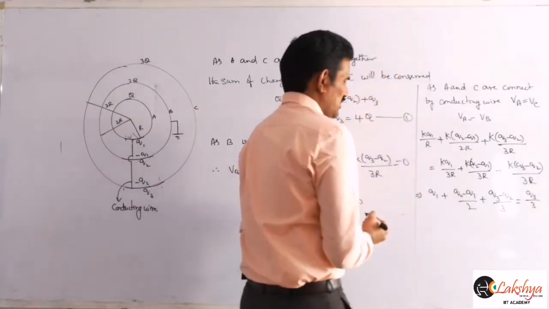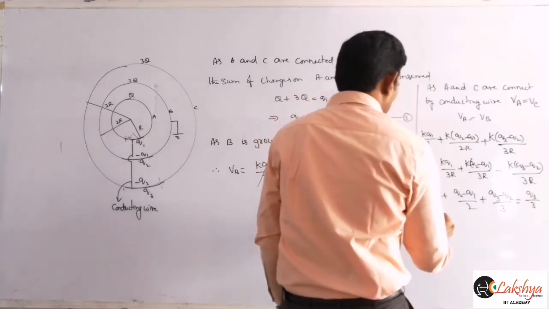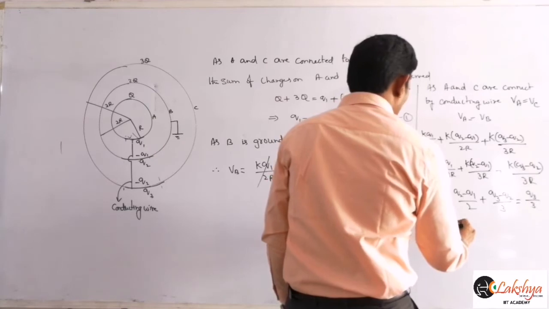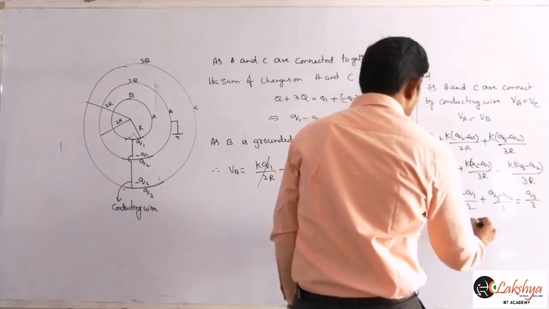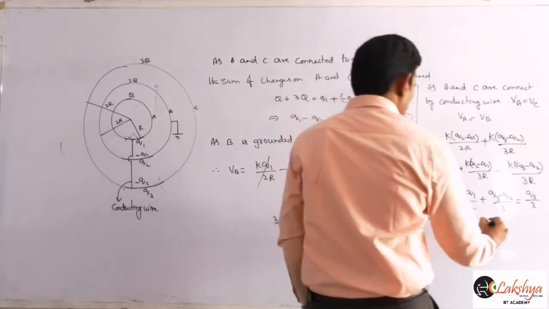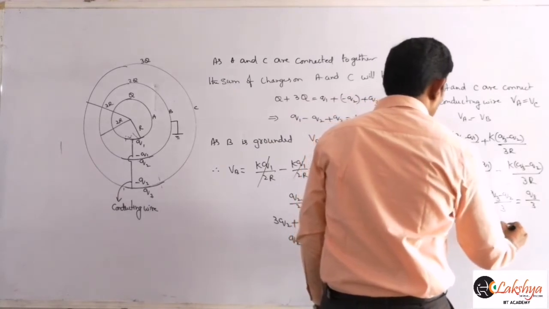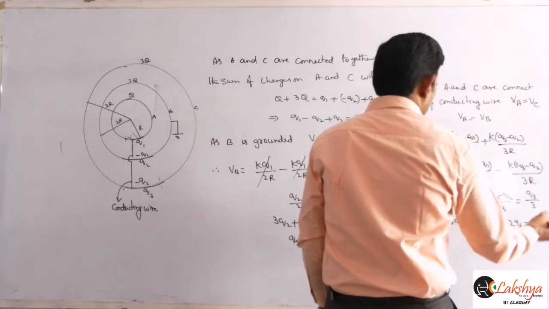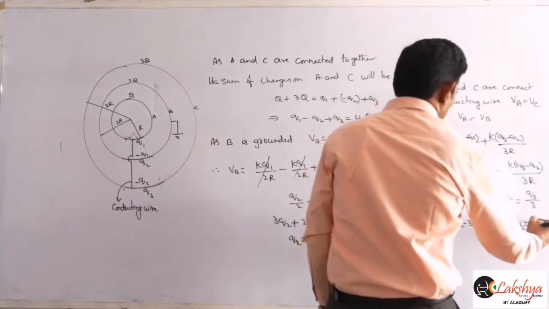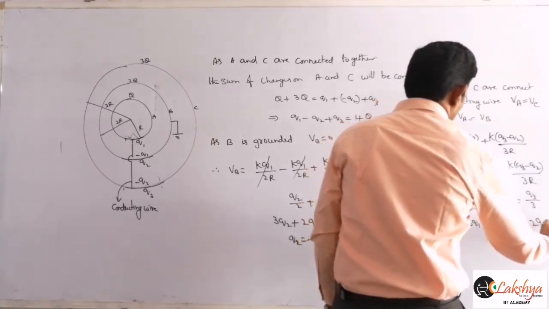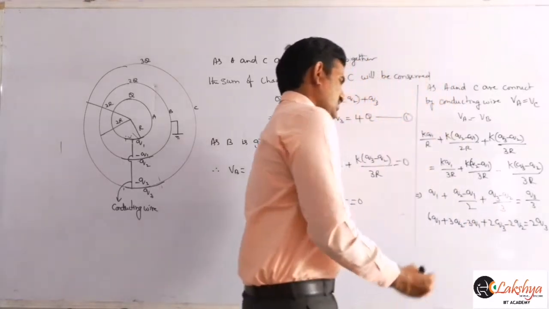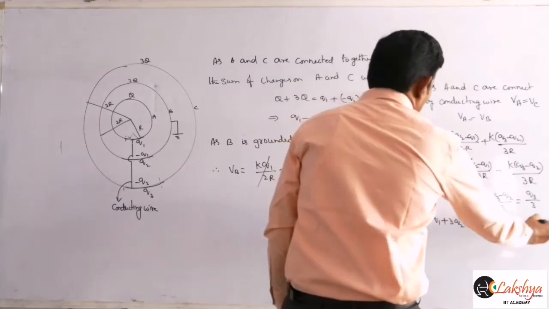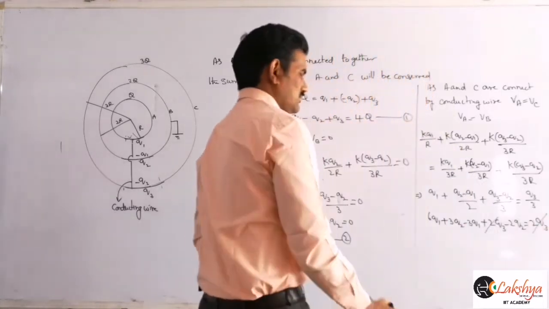If I take the LCM here, I can write this as 6Q1 plus 3Q2 minus 3Q1 plus 2Q3 minus 2Q2 is equal to, I am cross multiplying that, so you can write this as 2Q3. Then let us simplify this. This term and this term will be cancelled, right?